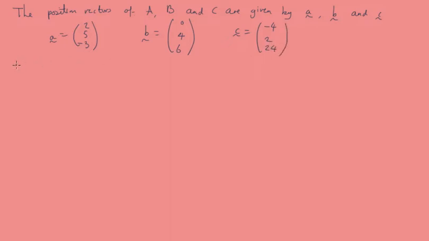So write A, B, and C in terms of i, j, k.